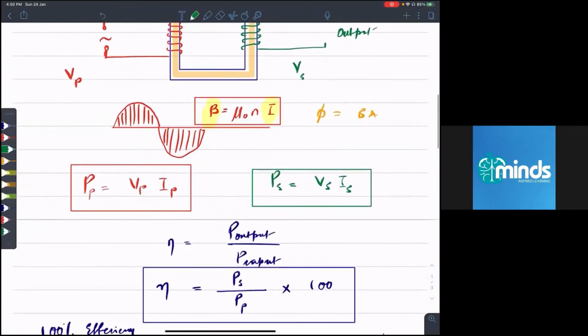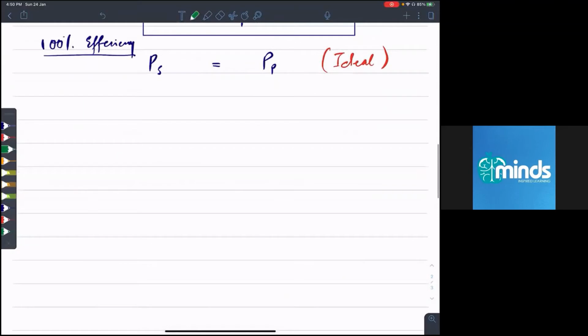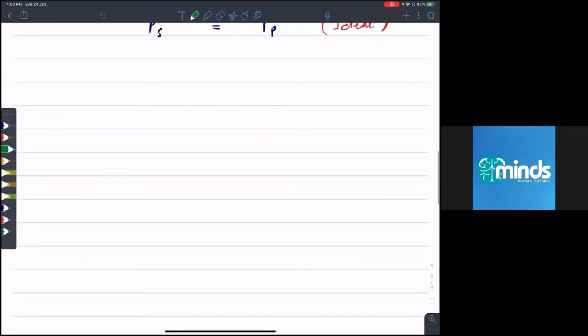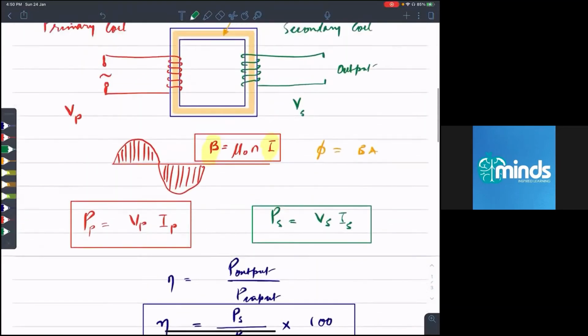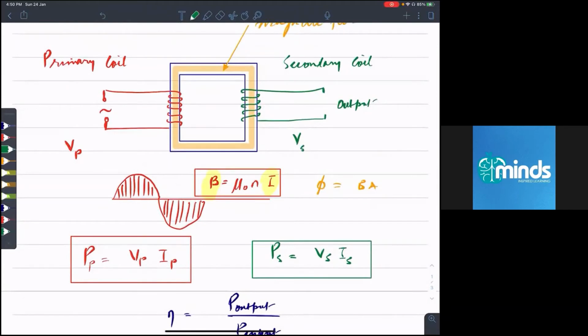And you can establish this relationship very easily. Under ideal conditions, the flux passing through the primary is the same as the flux passing through the secondary, and the EMF in the secondary is mutually induced EMF.